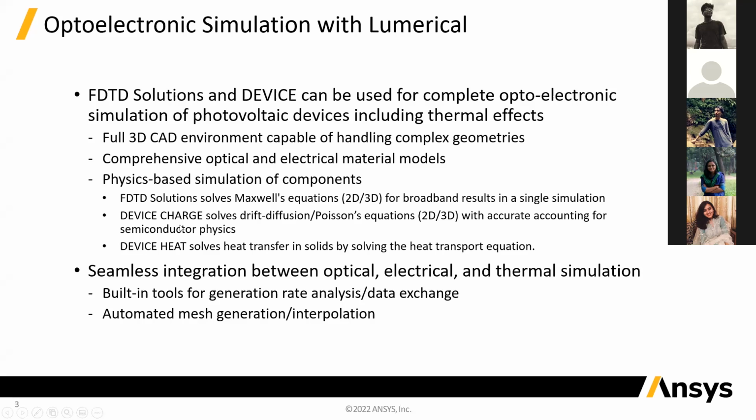And then charge solver will solve the drift diffusion and Poisson equation for the electrostatics together. Can be a 2D or a 3D simulation, and you'll account for all the electrical behavior. So the question that we had earlier about how do you account for doping or how do you account for recombination, this is where you'll capture for that.